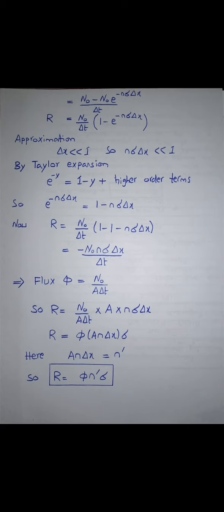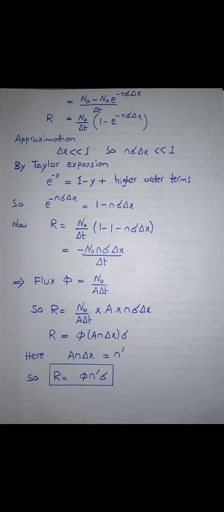From Taylor expansion we know that if the exponential term is very small, we can ignore the higher order terms, and we use this in our case, and we get e raised to power minus n sigma delta x is equal to 1 minus n sigma delta x.